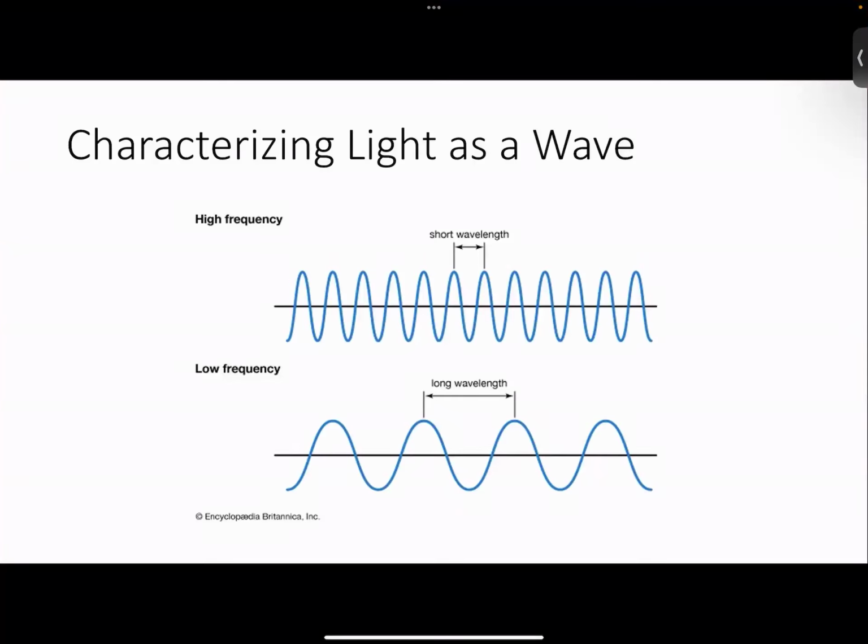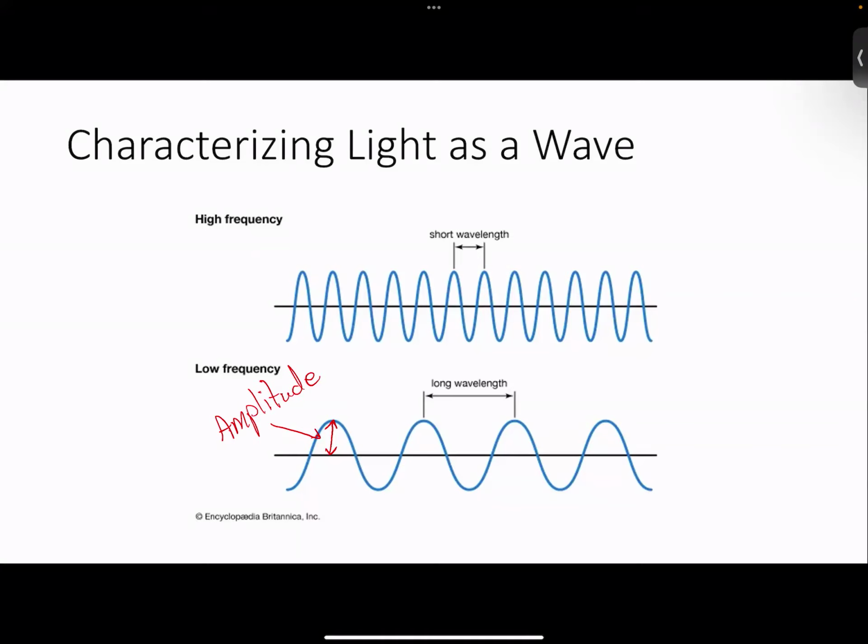Okay, so there are three things that are used to describe a wave. The first thing used to describe a wave is the amplitude. The amplitude is the height of the wave. Now, the amplitude is thought to be the intensity.